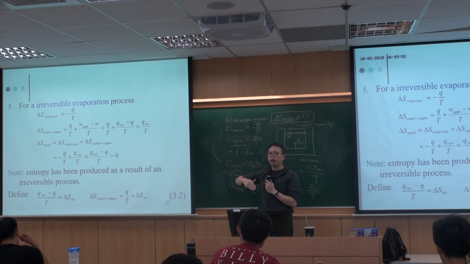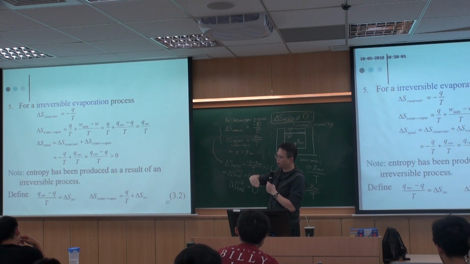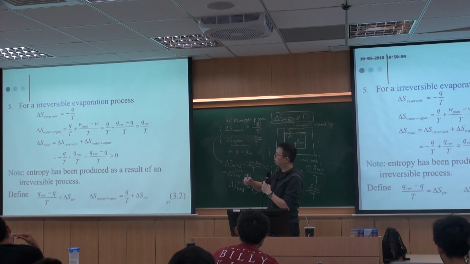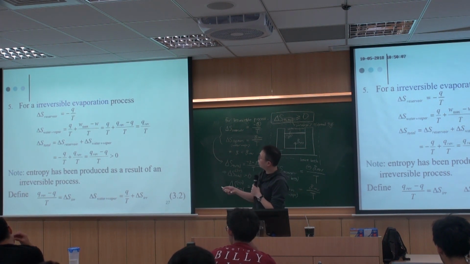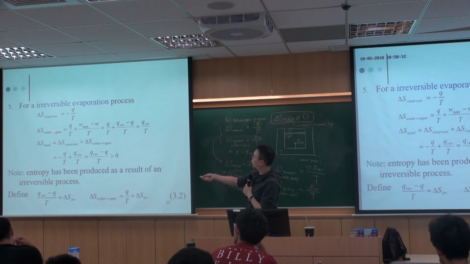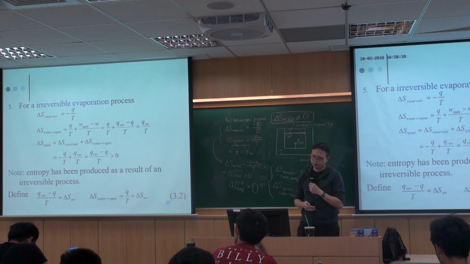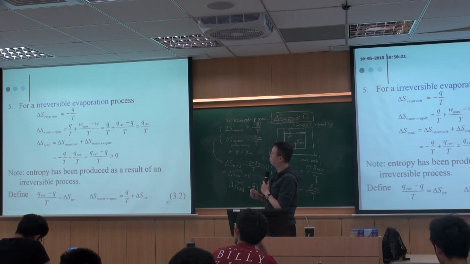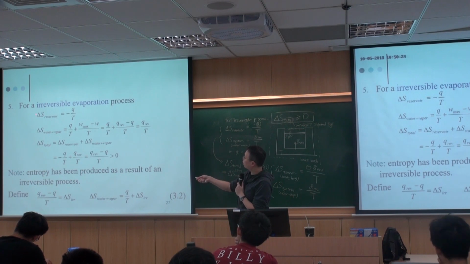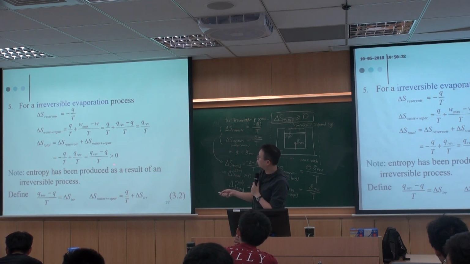If we want to change from state A to state B, no matter what kind of path you go through, the change of the states will be the same. Therefore, since entropy is a state function, this should be the same as the reversible process. So it's independent of the process that you go through. That's for the system. However, if you look at the reservoir, of course, this Q is different from the Q reverse. Therefore, if you add it up, you end up with something that is greater than 0.